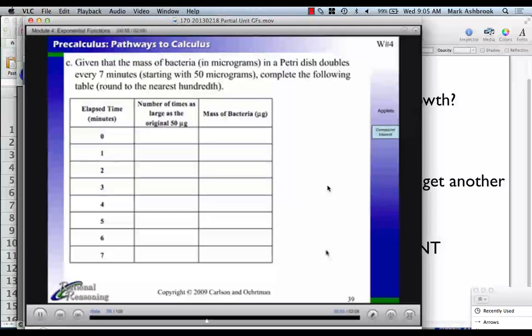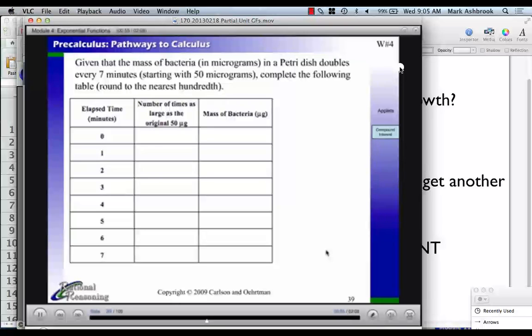So here's a situation. So this is from an older edition, and I like this problem, so we're going to do it. Given that the mass of bacteria in a petri dish doubles every 7 minutes, starting with 50, complete the following table. Okay, we're going to ignore the center column. We're just going to work on these two columns.